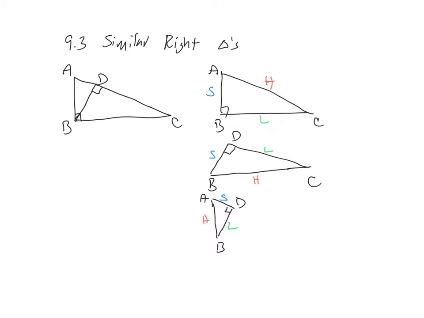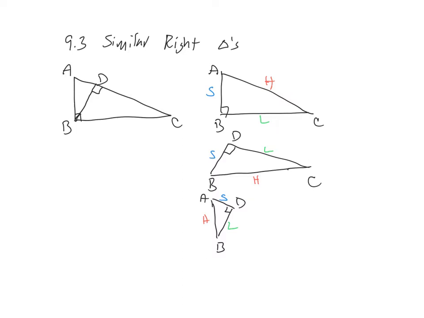On the top one, BC is the longest leg, but in the second one, BC is the hypotenuse. DB down on the very bottom is the longest leg, but DB in the one above is the shortest one. So you get these crossover sides, and you've got to keep things straight.